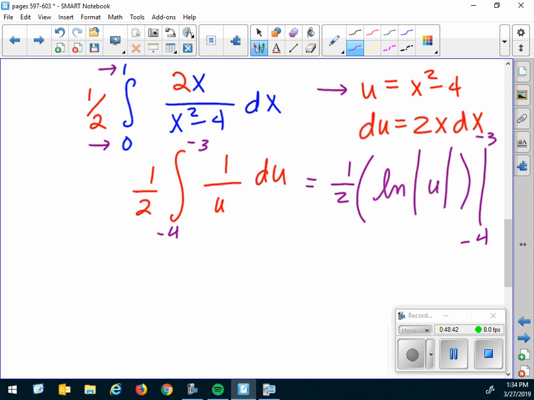Because I cannot take the natural log of a negative number. So you have to put those absolute value bars. So let's do it. This is 1/2 of natural log of 3 minus natural log of 4.